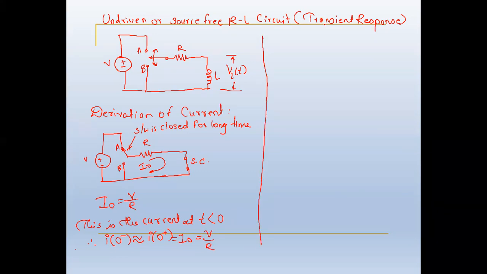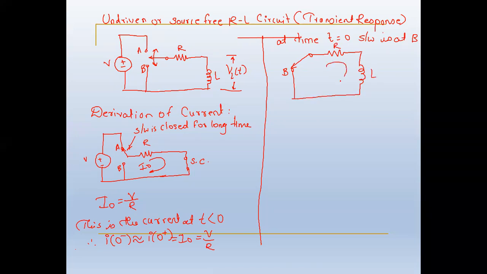Okay, so at time t equal to 0, the switch is connected at position B. So how will your circuit be? It will be like this: the resistor R, point A, and the inductor L. Let us call the current I of t.